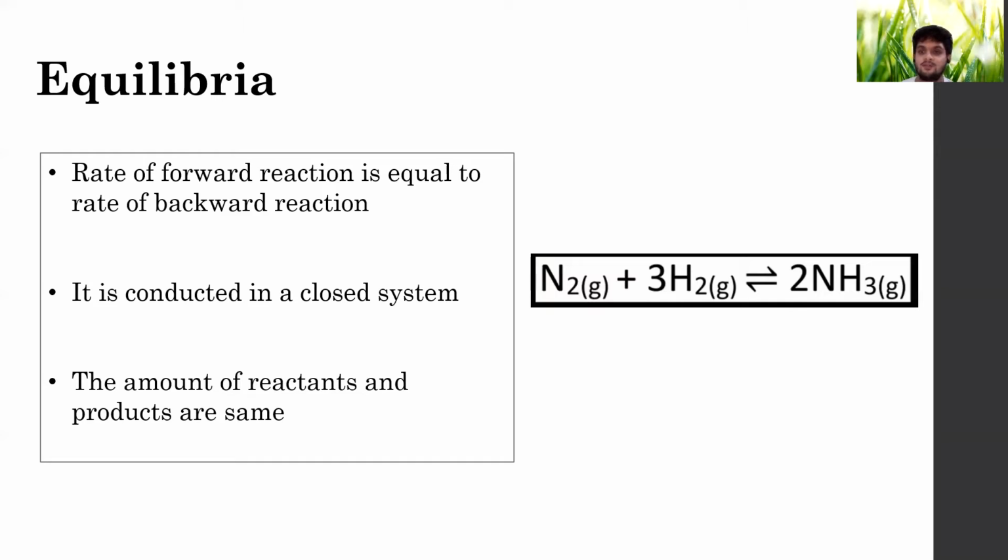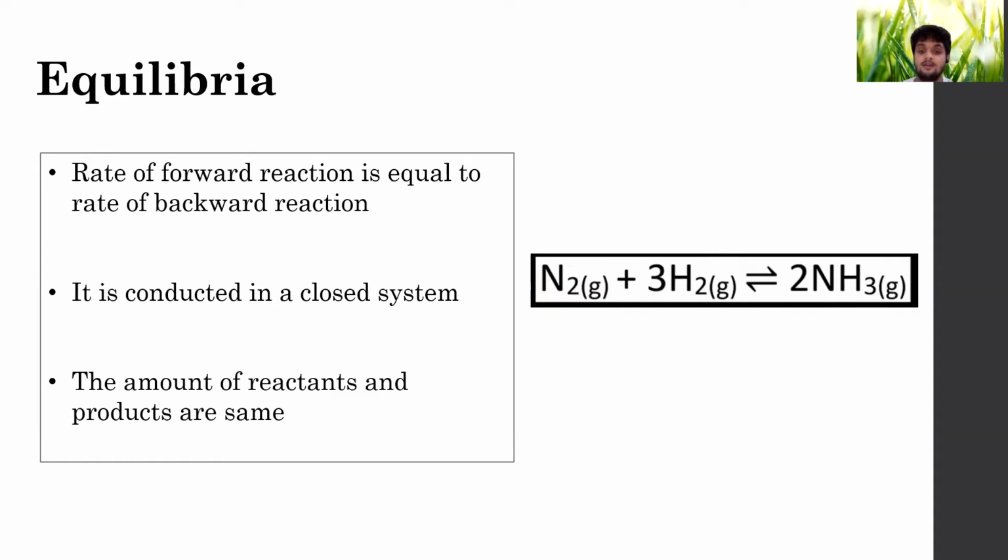Okay. So for a reaction to achieve equilibria, there are a few conditions. The three conditions are: the rate of the forward reaction should be equal to the rate of the backward reaction, and this particular reaction should be conducted in a closed system. I think it's understandable why, because when you're doing it in a closed system, you don't have external factors that would change the equilibrium state.